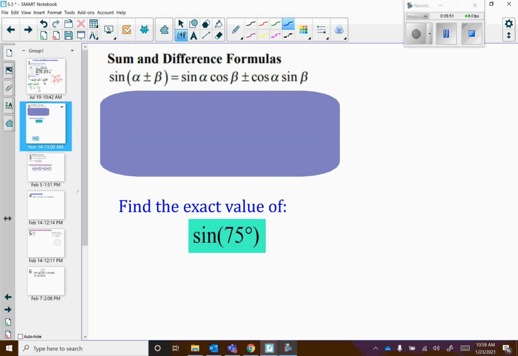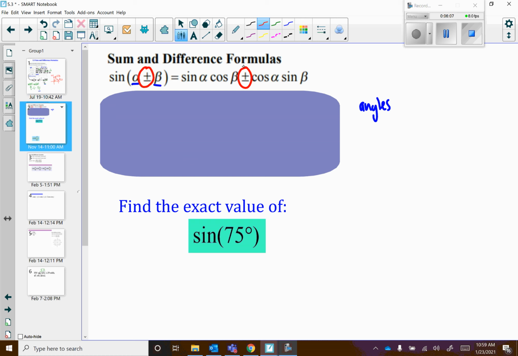Don't stress out. These symbols are angles, right? And this plus or minus that we see is not saying I'm deciding whether I add or subtract.